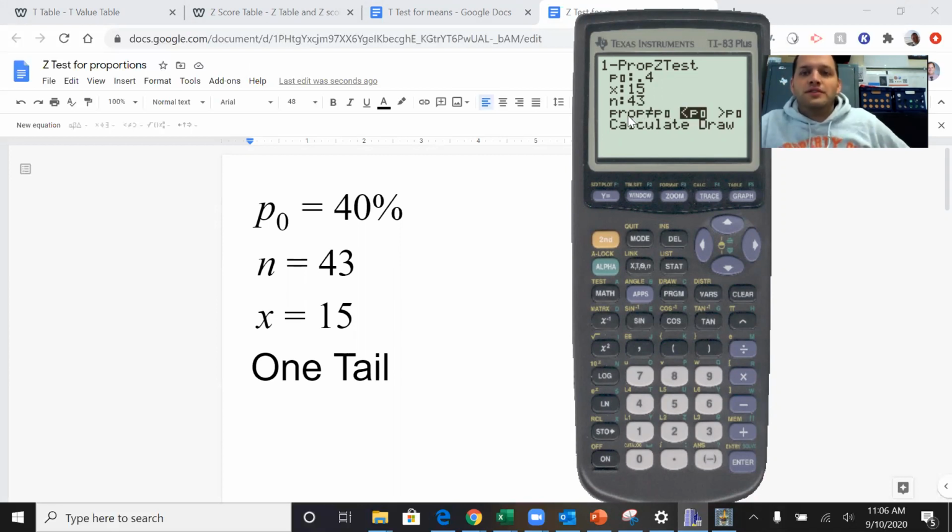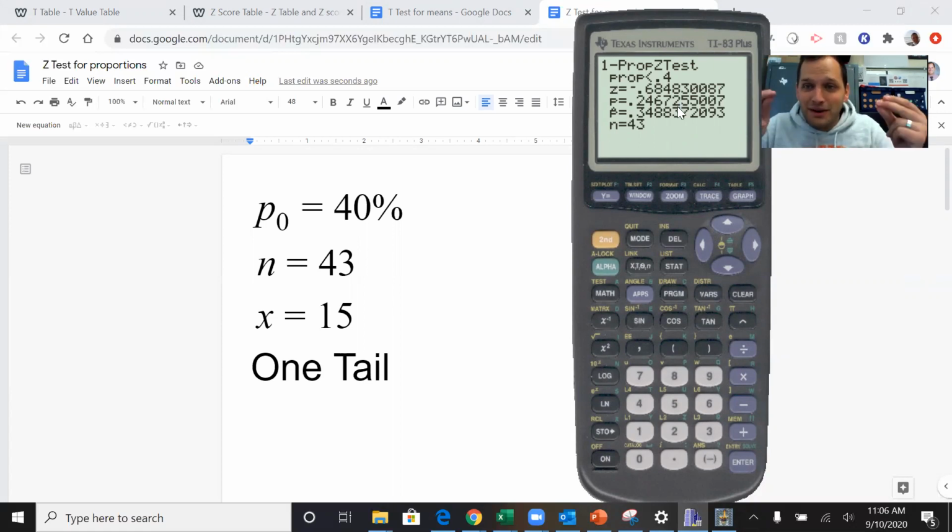So this is for the alternative hypothesis. We're thinking that it should be less than whatever the null is. You can go to draw, I go to calculate, and it's going to pull up some numbers. And you know what it pulls up? It pulls up not only the z-score, it also pulls up the p-value for us right then and there. Bam, 0.2467. Okay, you can write that down if you want.